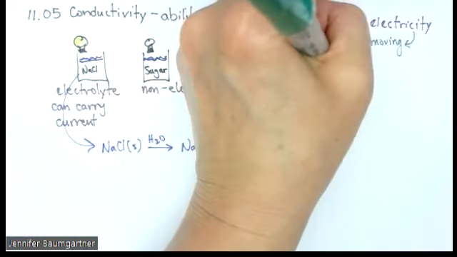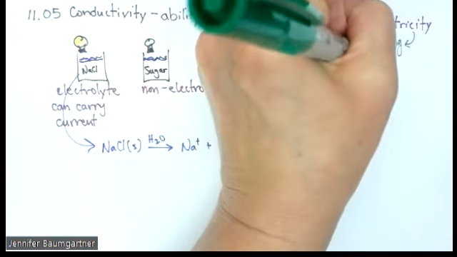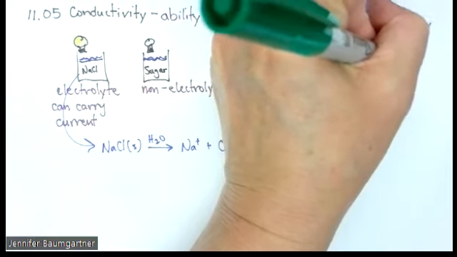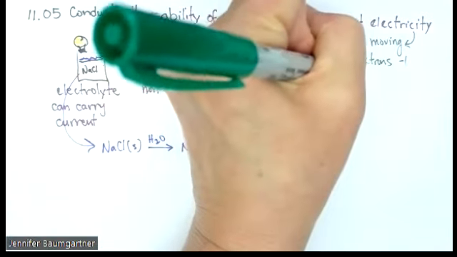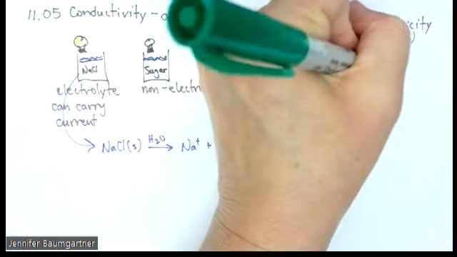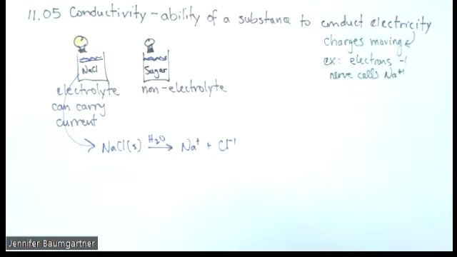So let's do some examples here. We have moving electrons, and those have a -1 charge. In your body, when you conduct a nerve impulse, you get a flow of sodium ions. So in your nerve cells we have a flow of sodium, and that's got a +1 charge.